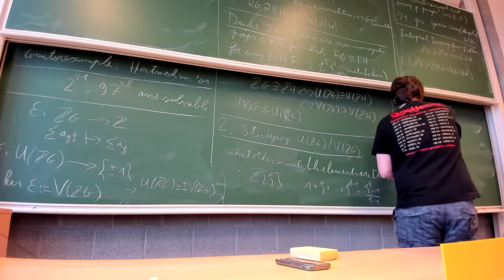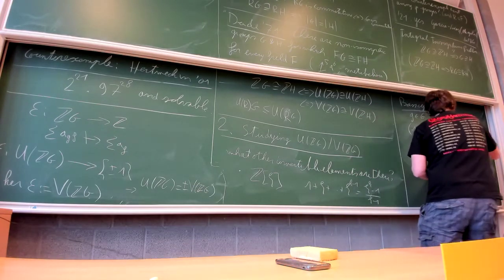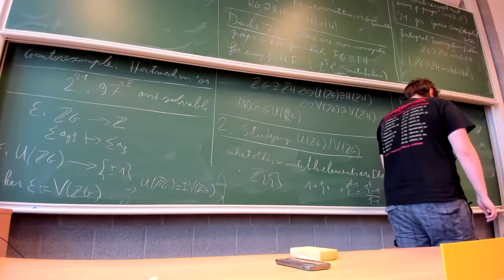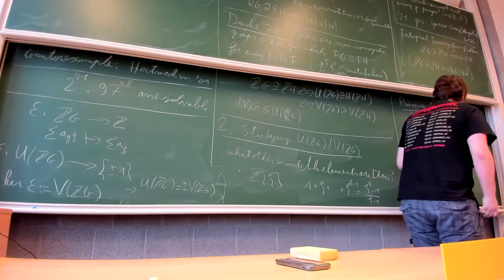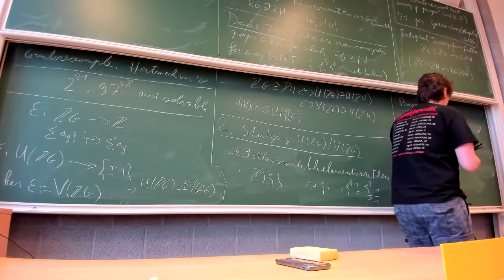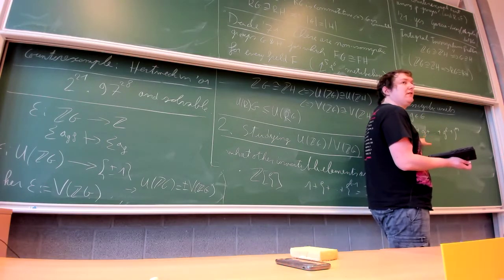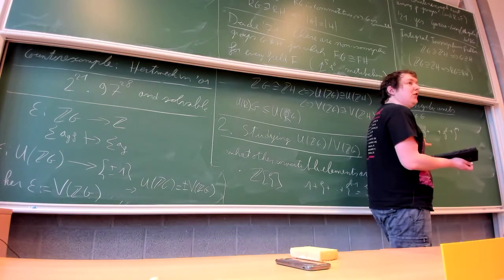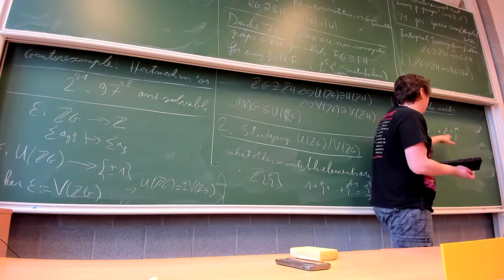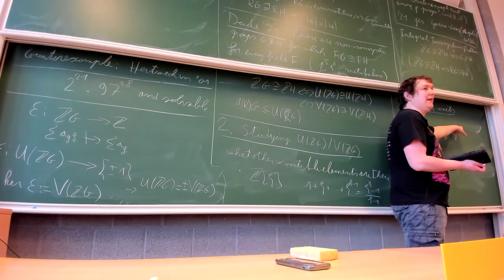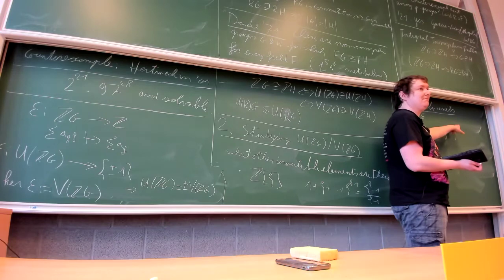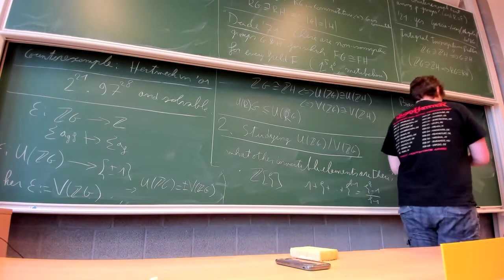But there has to be more. You can take powers of this as well, but there has to be even more than this. And it's actually quite easy to see, because if you take the augmentation of this, so you just take the sum of all the coefficients, then it's going to be k to the m, and k to the m is generally not invertible in Z. Yeah, so that's a problem.